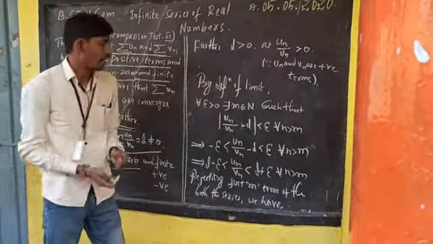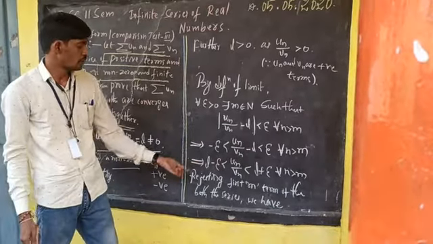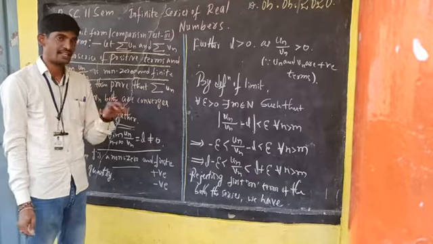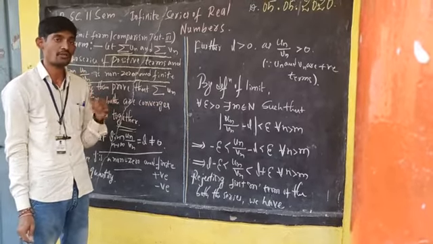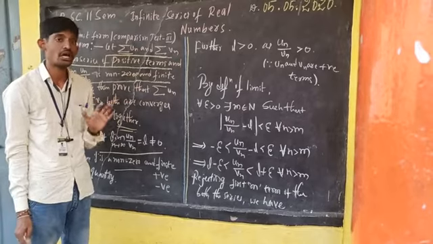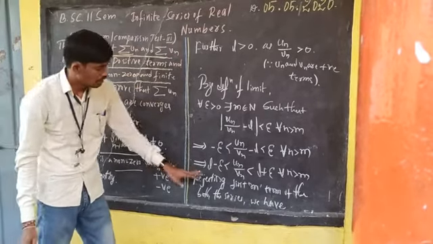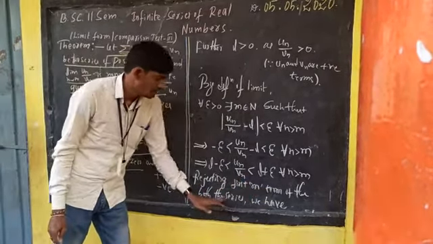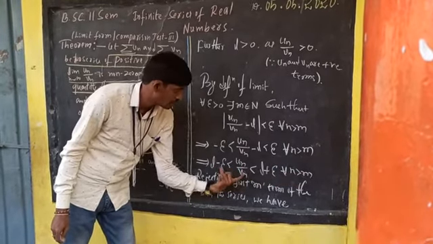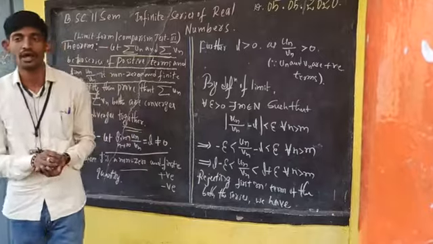What does this mean? I am doing this because we know that in a series, if some terms are rejected at the beginning, or some terms are added at the beginning, then the nature of the series does not alter. With that intention, rejecting the first m terms of the series, you have to satisfy this result just for all n.